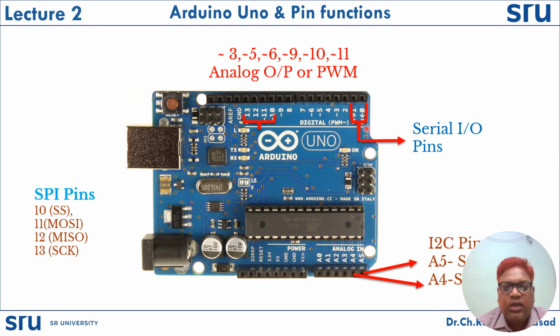RX is available at the 0th pin and TX is available at the first pin. With the help of this, we can implement UART communication between Arduino UNO and any external connected device.